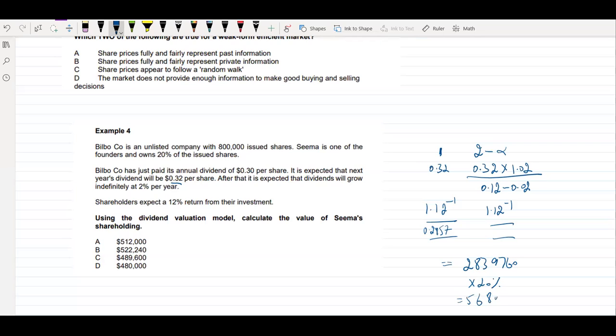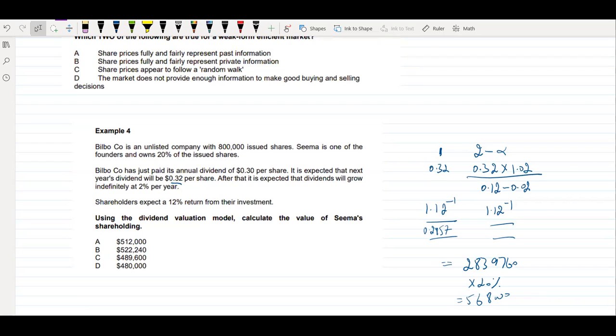Something is going wrong, check where it is going wrong. 0.32 into 1.02. Okay, we have to discount it further, no?